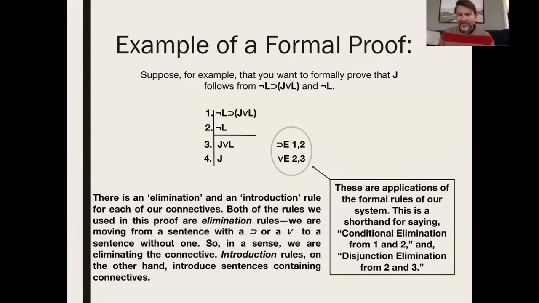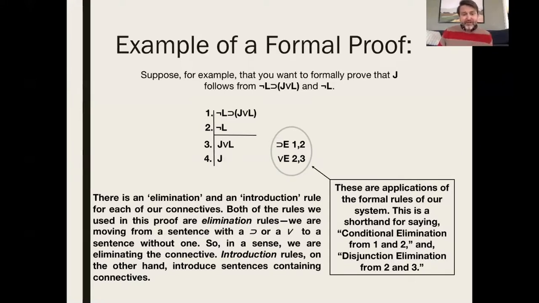So that's why we call it elimination, because we got rid of a conditional symbol in moving from 1 and 2 to 3. And then we also used an elimination rule in 4, because we moved from the disjunction at 3 to a statement that no longer includes a disjunction. So we eliminated that disjunction using steps 2 and 3 to arrive at J in step 4.